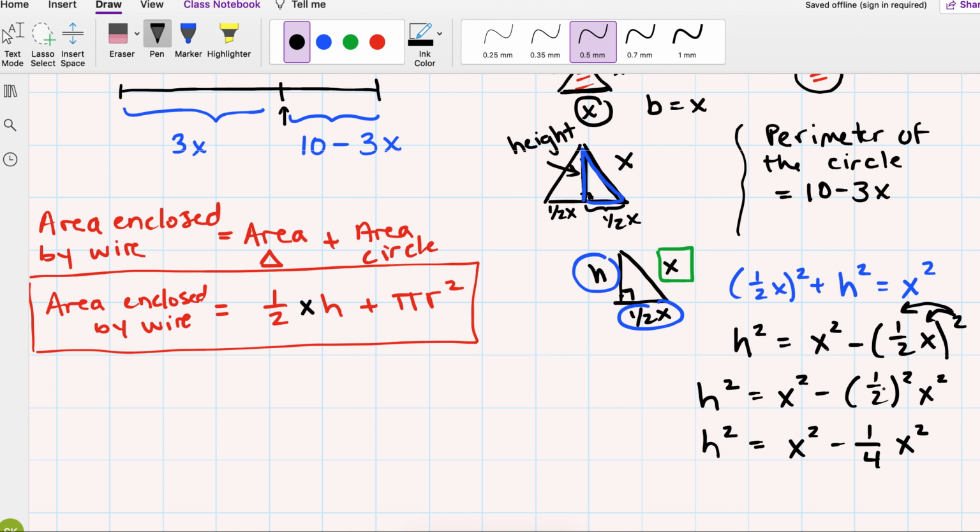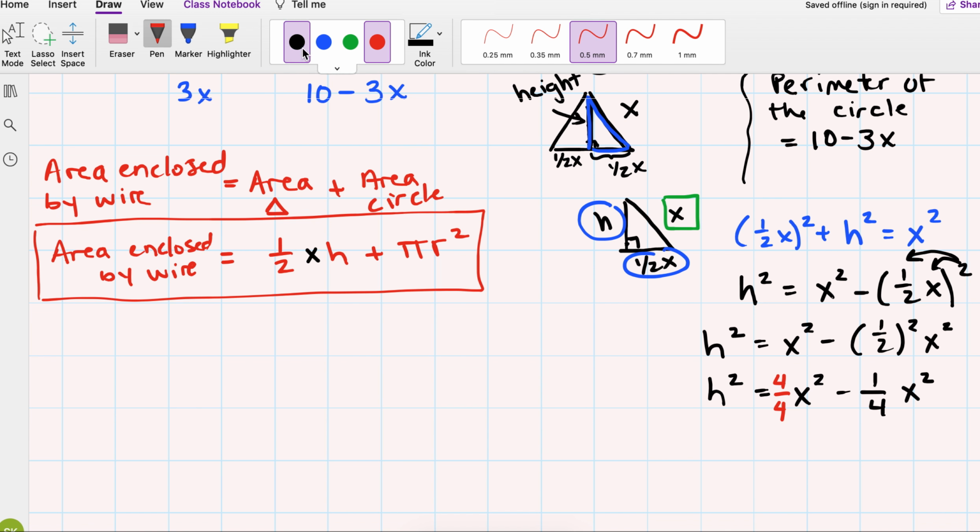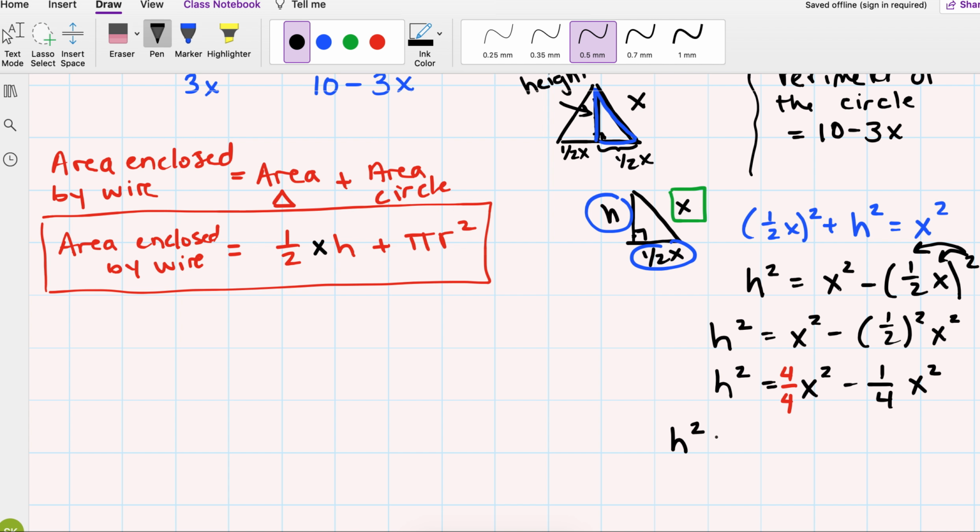Okay, and then from there we can combine these two, because this one is 4/4, because the coefficient is 1. I can write it as 4/4. So 4 over 4 minus 1 over 4, that's 3/4. So h squared is 3/4 x squared.